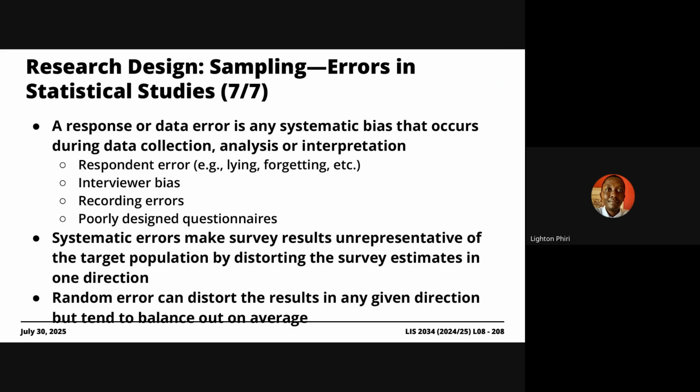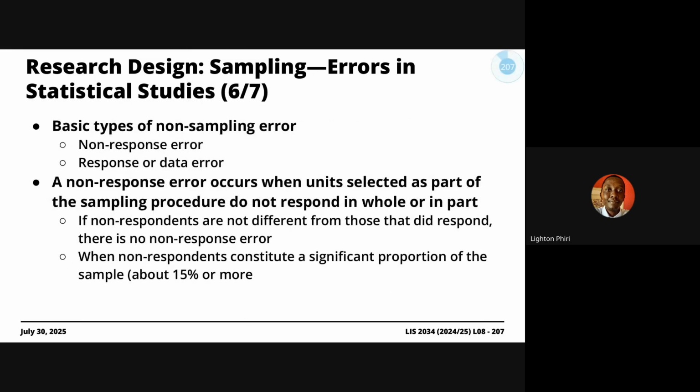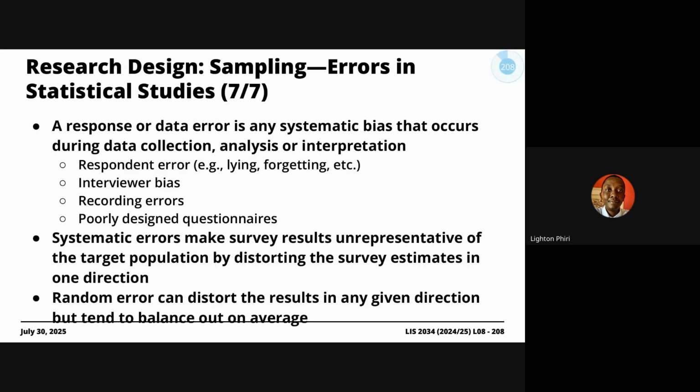And then, a response or data error is a systematic bias that occurs during data collection, analysis or interpretation. So you have the required number of respondents or data associated with the respondents that you want, but it turns out that errors can still be introduced, right?